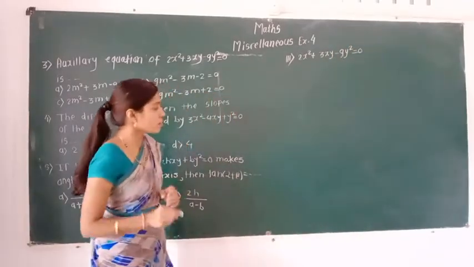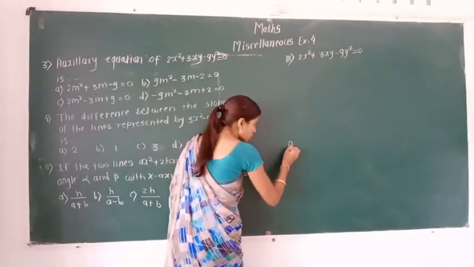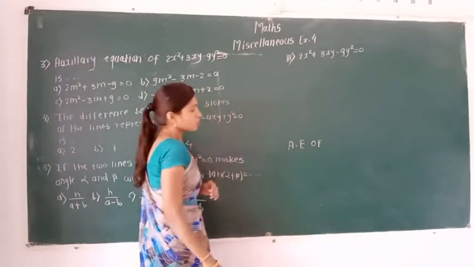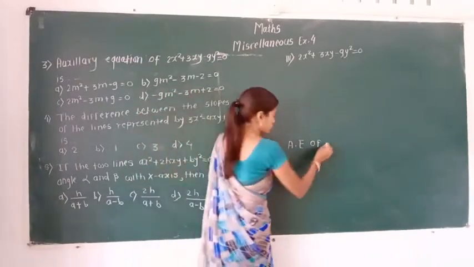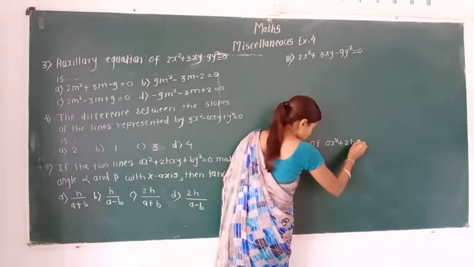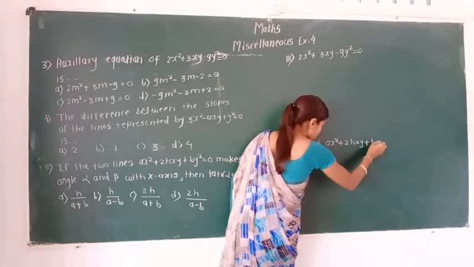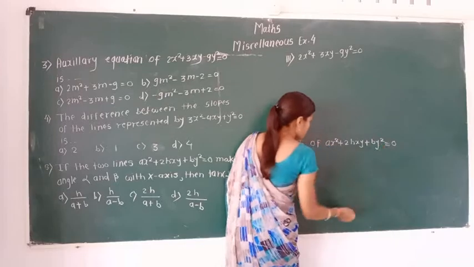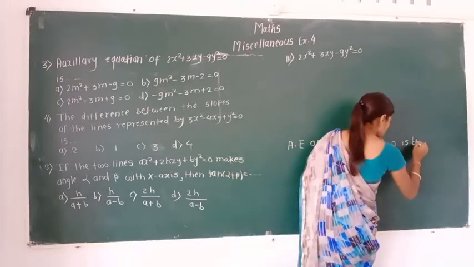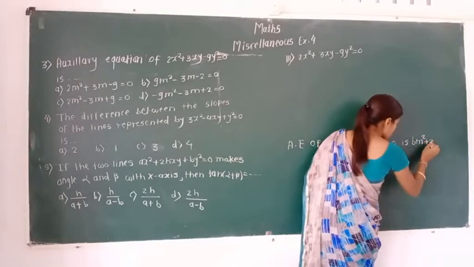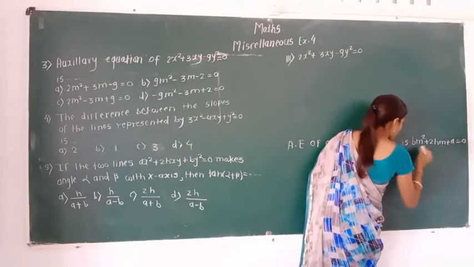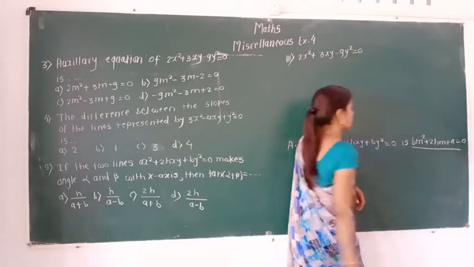We already learned that the auxiliary equation of the homogeneous second degree equation ax square plus 2hxy plus by square is equal to 0 is bm square plus 2hm plus a is equal to 0. It is a very important equation.